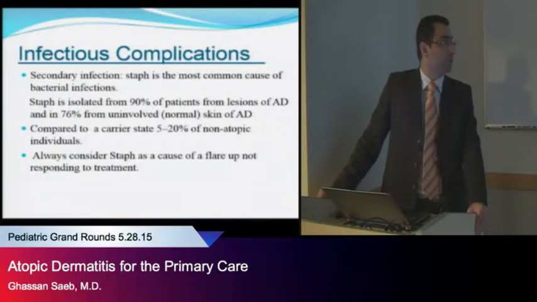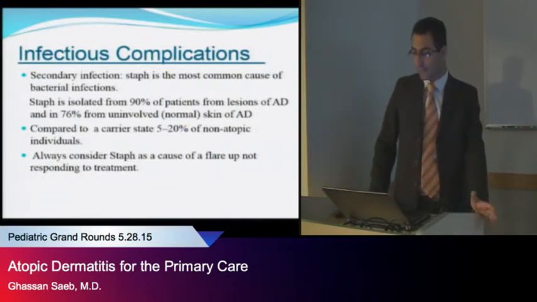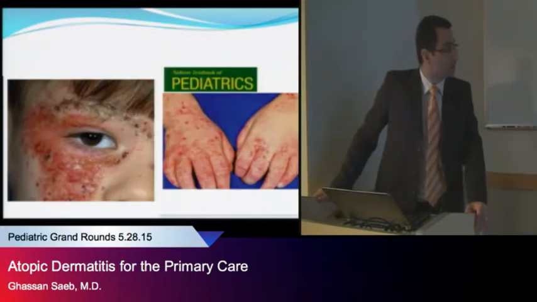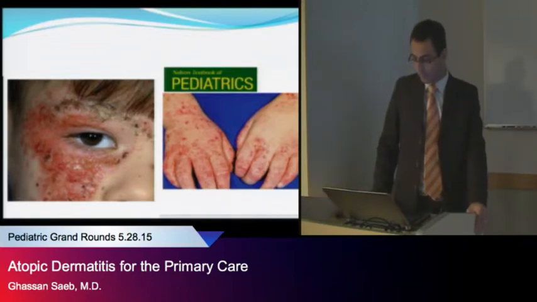We should always consider staph as a cause of a flare-up not responding to treatment, even with the absence of an active skin infection per se. These are two pictures of skin infection, one around the eye, one on the hands.